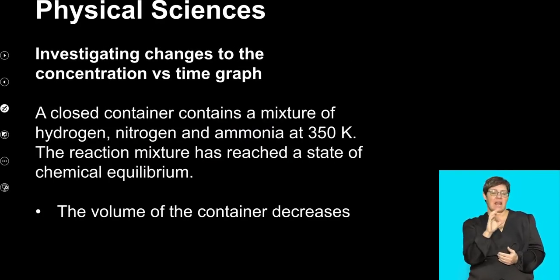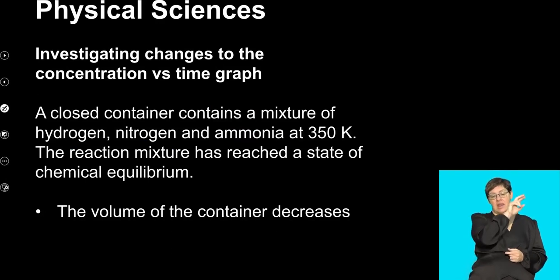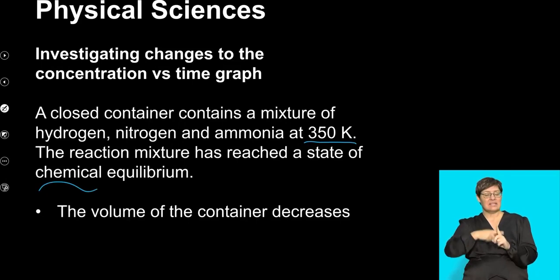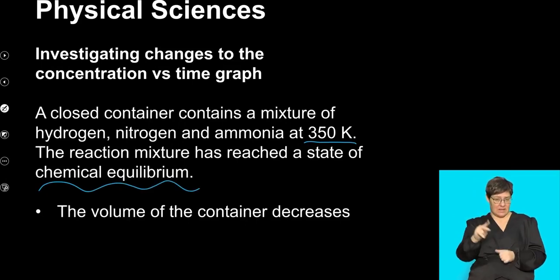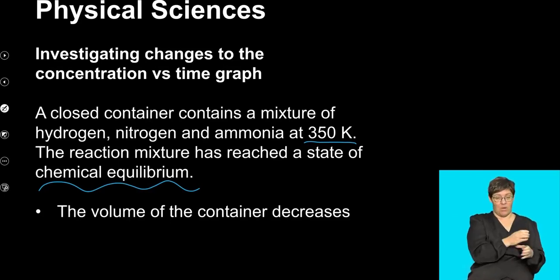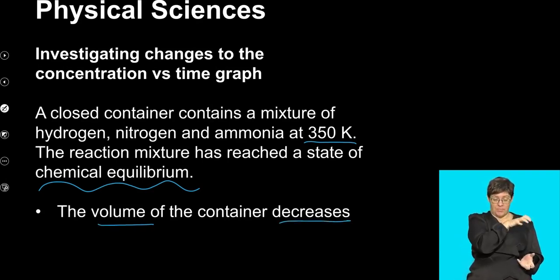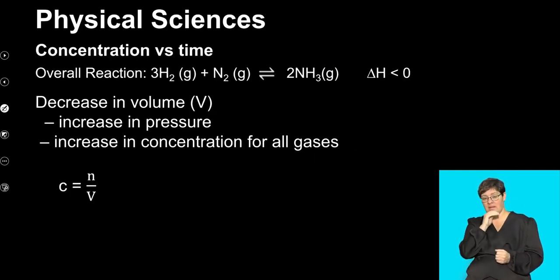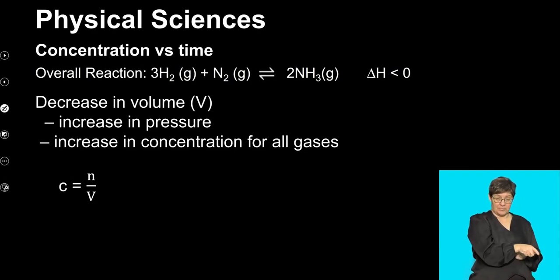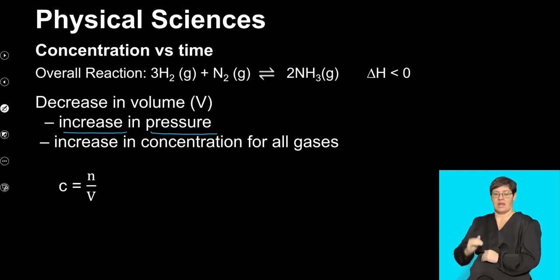So we still have the nitrogen, hydrogen, and ammonia gas at the same temperature there. The reaction is at a state of chemical equilibrium, and the disturbance now is the volume of the container is decreased. If we decrease the volume, what does that do? Right, a decrease in volume will now increase the pressure.